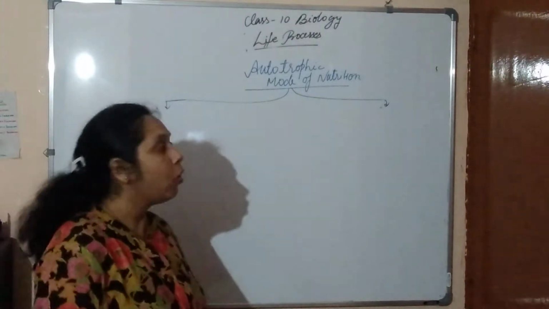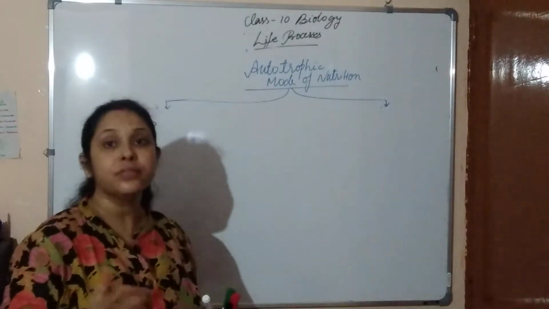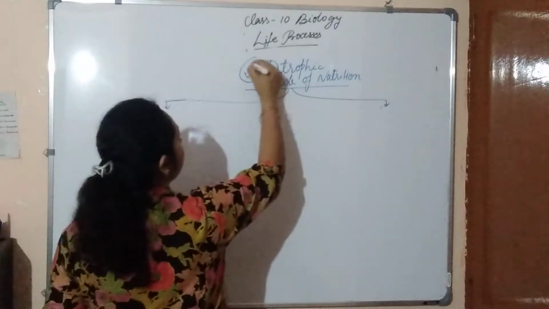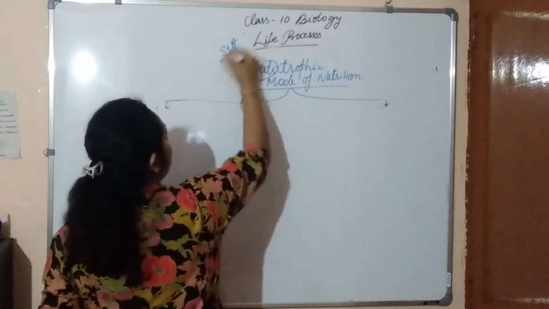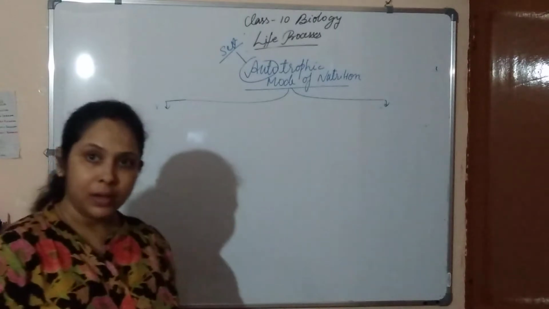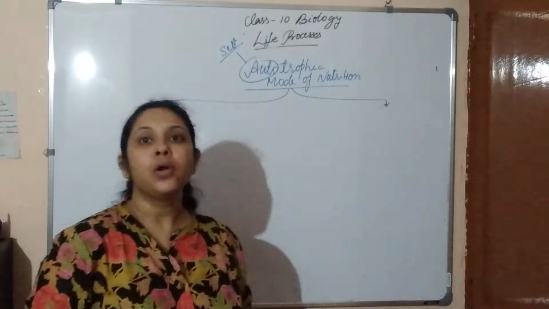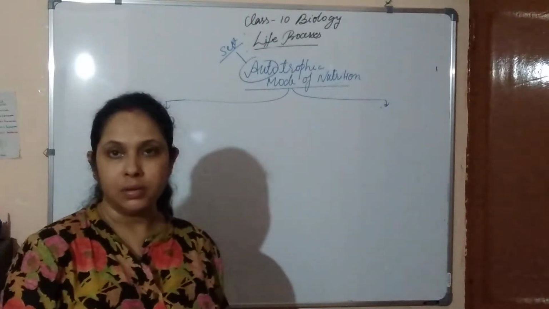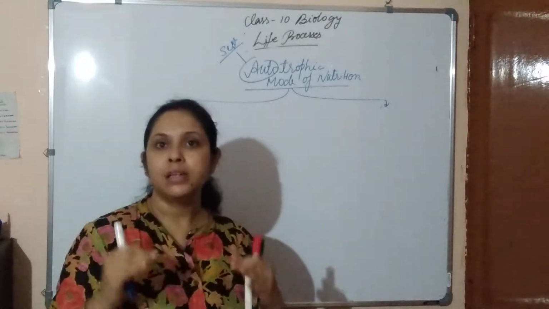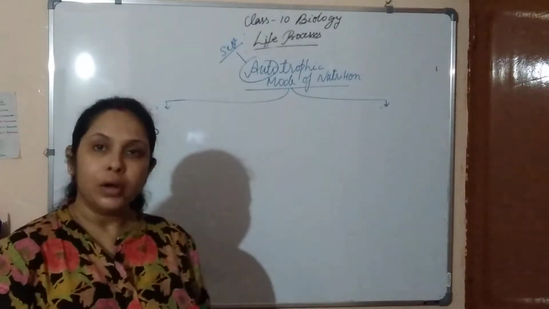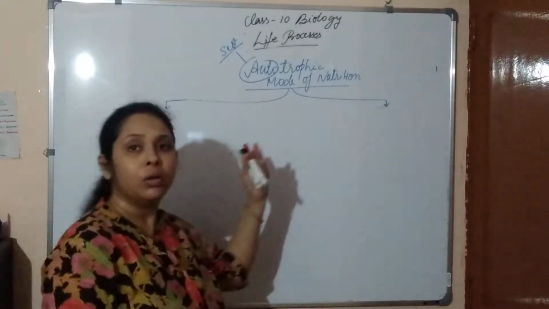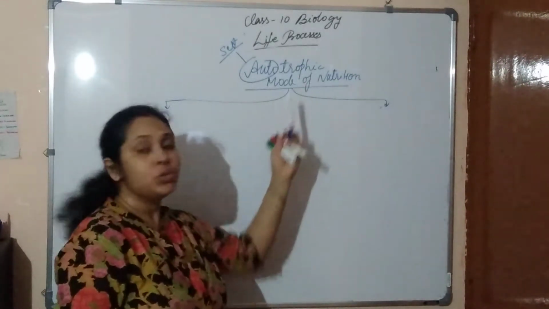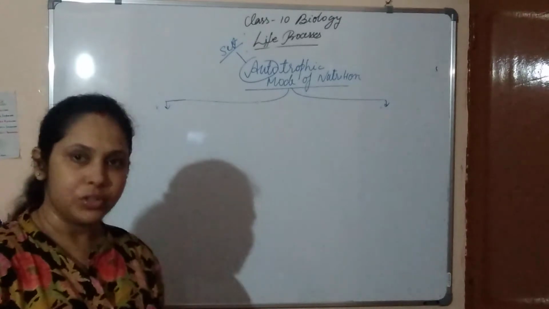So let's see autotrophic mode of nutrition. As we know, in autotrophic, auto means self. So the organisms who synthesize their organic matter, and are not dependent on any other organism, synthesizing the organic matter by themselves, are known as autotrophs. They show the autotrophic mode of nutrition.